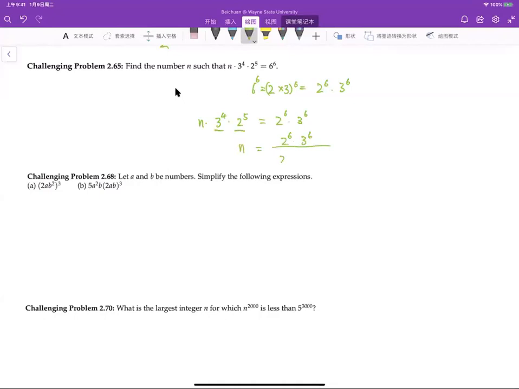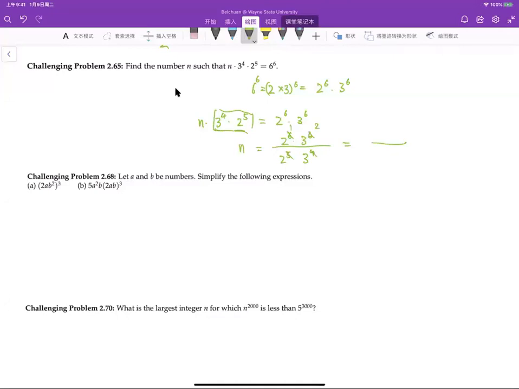the right-hand side divided by 2 to the 5th times 3 to the 4th. So you divide both sides by this number, then you can calculate n. This is how the equation is solved. Then we can easily cancel them: 1 left and 2 left.